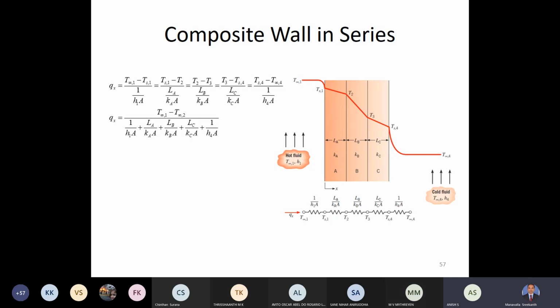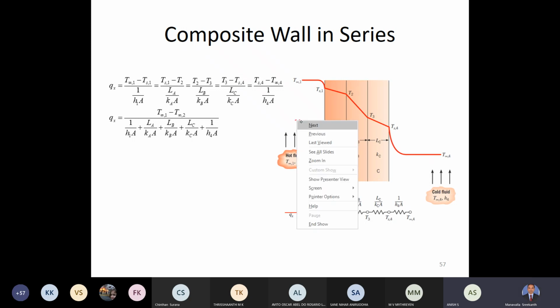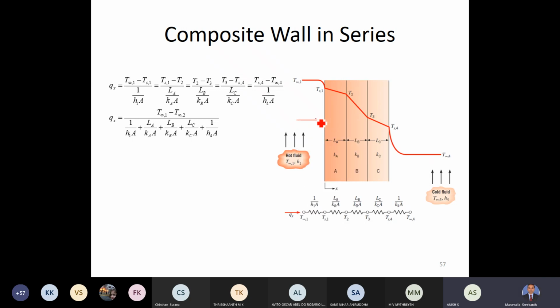Similarly, when we come to composite walls with solids connected in series, the amount of heat transferred through each layer is the same. That means heat transferred from this fluid to this wall is the same as heat transferred from this wall to the second wall, and so on.